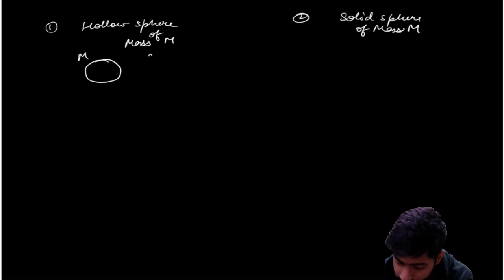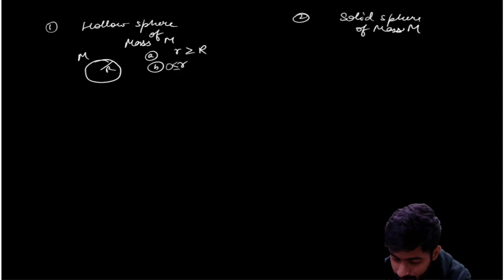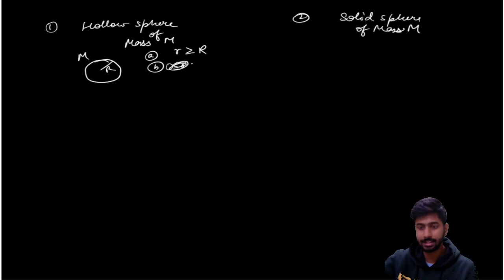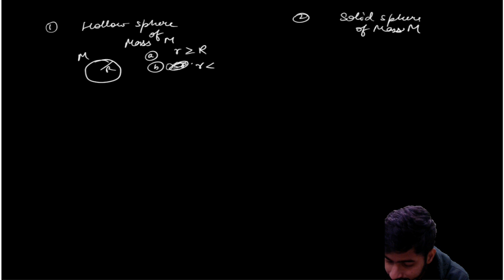So case one is for a distance r greater than or equal to its radius. Case two is for a distance r which is greater than or equal to radius. That means at the surface or outside the surface, and r less than radius, right?